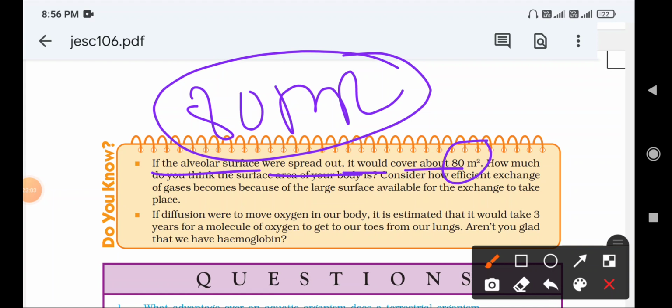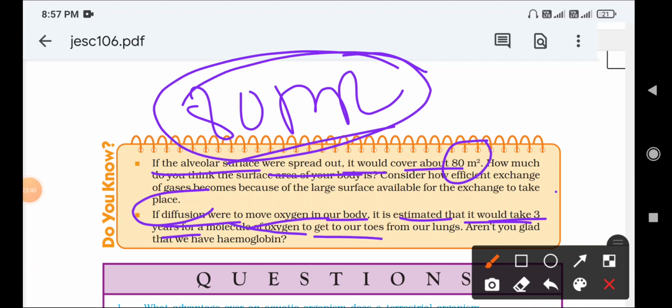The surface area is large to pass the gases. If diffusion were used to move oxygen in our body, as in a multicellular organism, it is estimated that it would take nearly 3 years for a molecule of oxygen to get from our lungs to our toes.